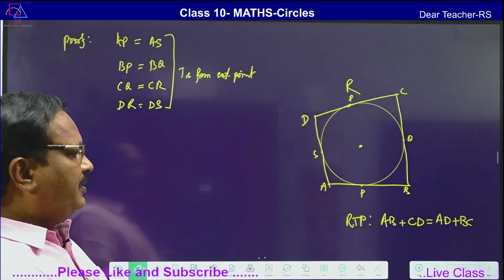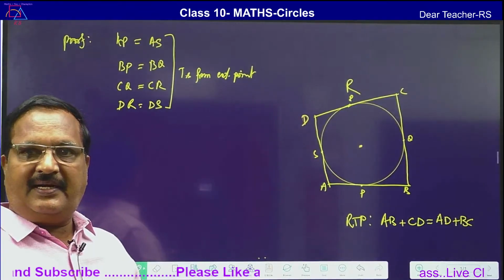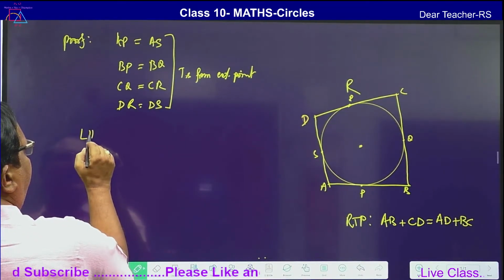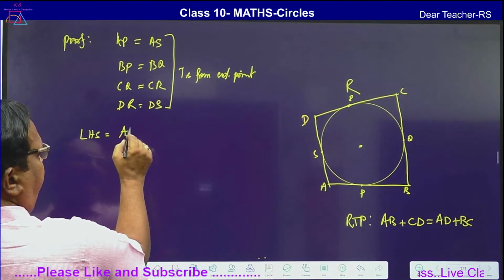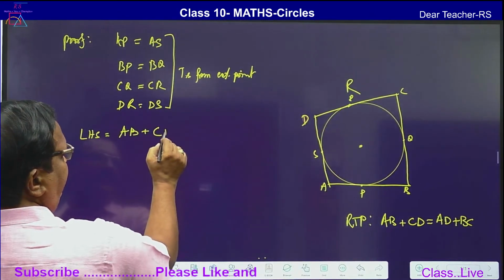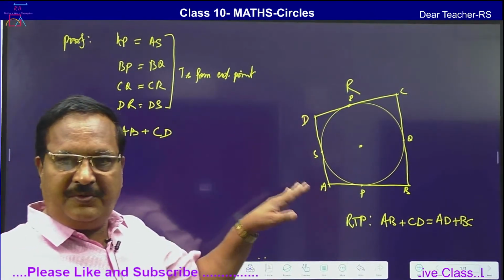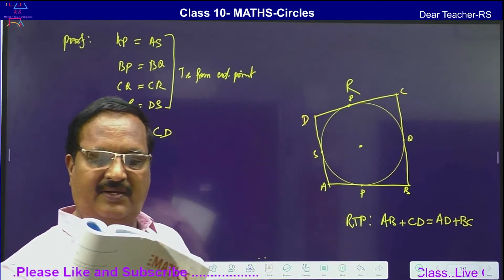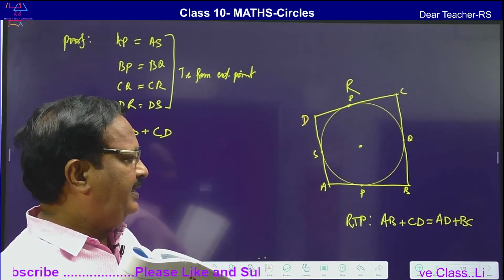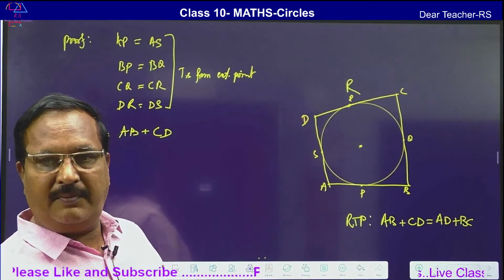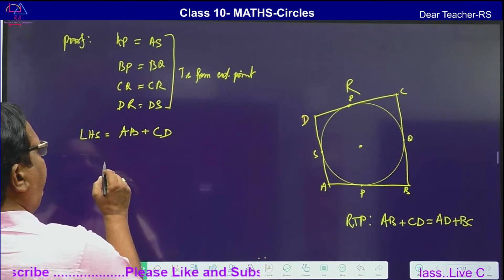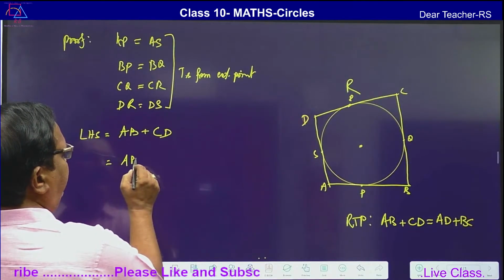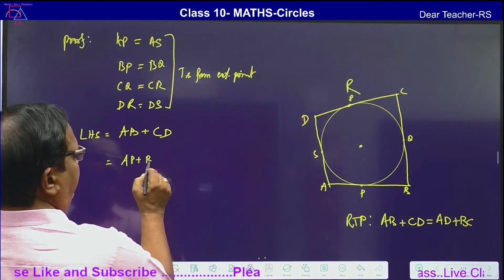So now you take left hand side and split the things. I will take left hand side, AB and CD. Before you split, check whether I have written it correctly or not. AB plus CD, AD plus BC. Yeah, I am right. So now AB I can write AP plus BP.